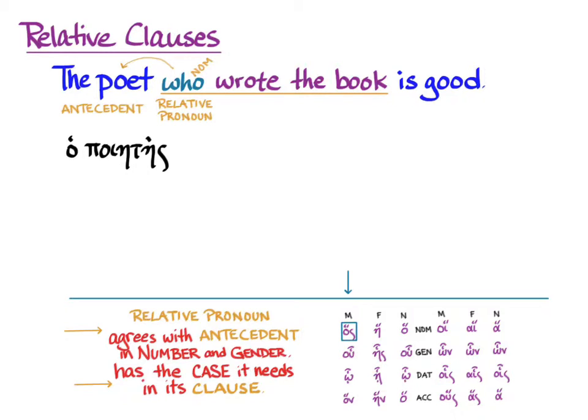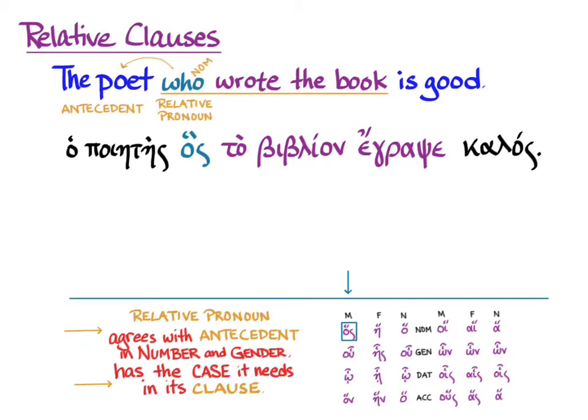So, let's put that into our sentence, hos, and then the rest of the relative clause, and then the end of the main clause, kalos, since this is a nominal sentence. And so the translation into Greek for the poet who wrote the book is good is ho poiētēs hos to biblion egrapsa kalos.